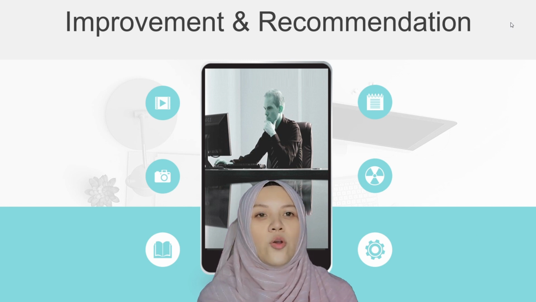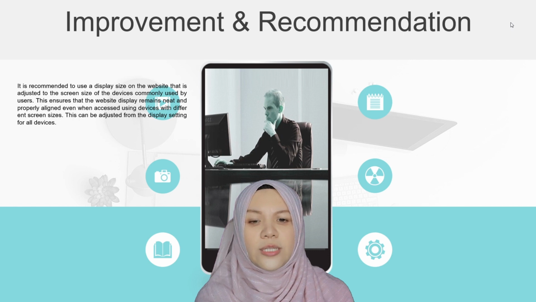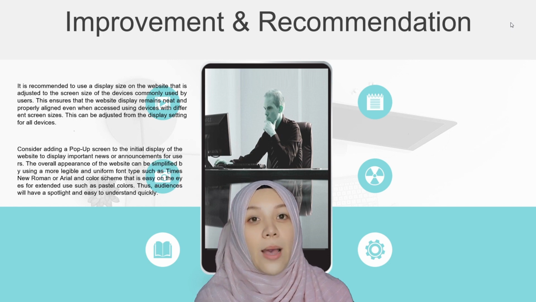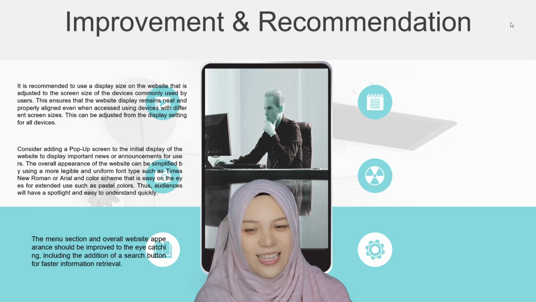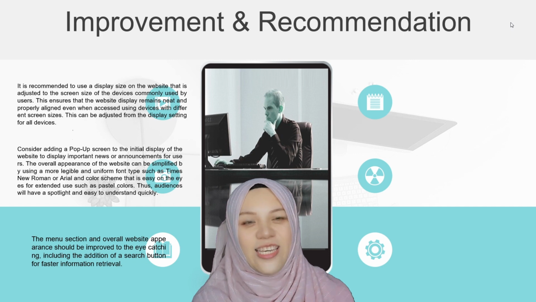So for the improvements and recommendations, it is recommended to use a display size on the website that is adjusted to the screen size of the device commonly used by the users. Then, consider adding a pop-up screen to the initial display of the website to show important news or announcements for users. Then, the menu section and overall website appearance should be improved to be eye-catching.